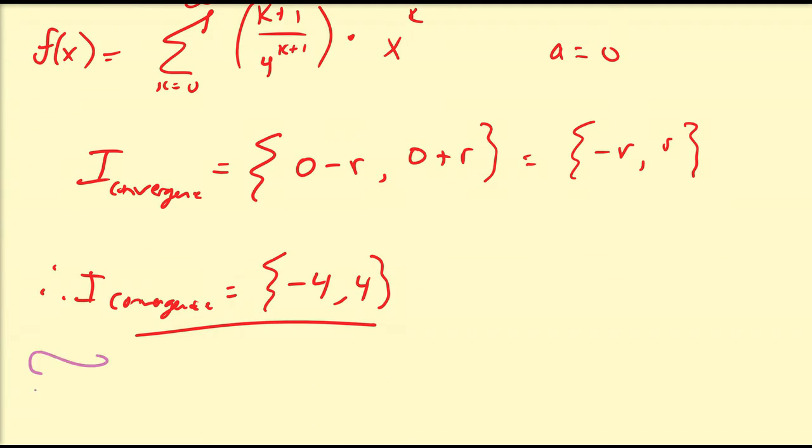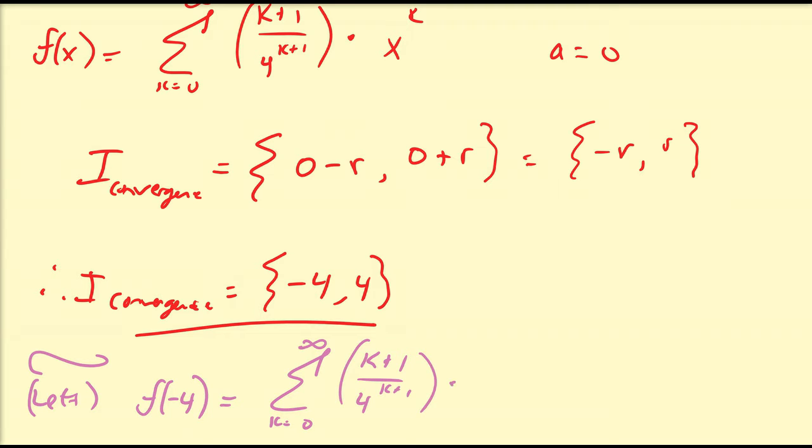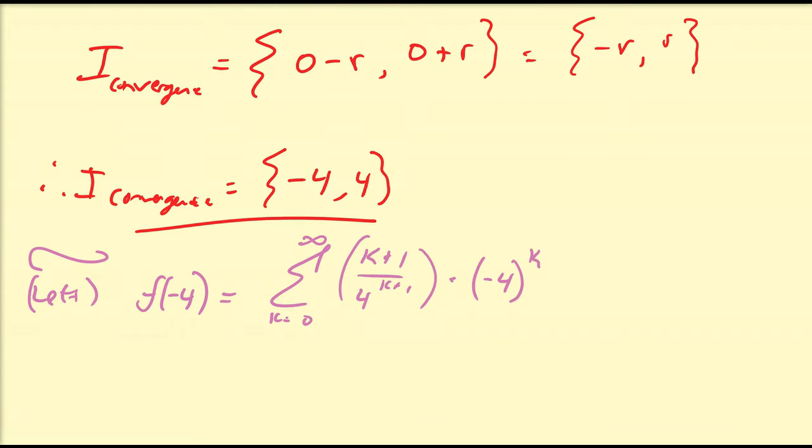I'm going to start with the left point. f(-4) is going to be equal to the sum from k equals 0 to infinity of (k+1) all over 4^(k+1) times (-4)^k. We can rewrite this as the sum from k equals 0 to infinity, where the negative can be pulled out, so we have (-1)^k.